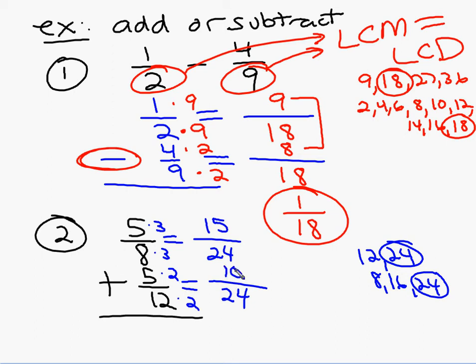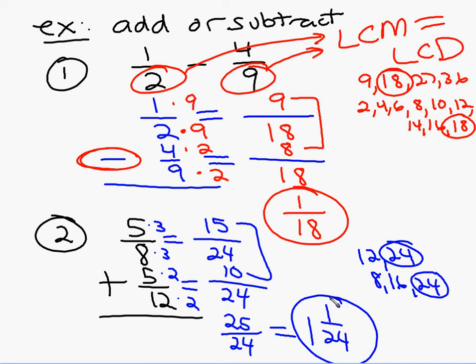Then I add the numerators. 15 plus 10 is 25 over 24. That's an improper fraction. So I need to do the division. Or can't we just see that I'm 1 over? Aren't I 1 over? That's what one of you did a minute ago. So this is 1 and 1/24.